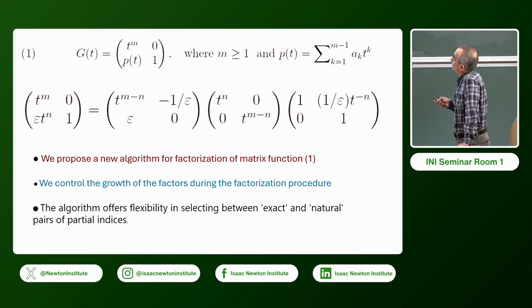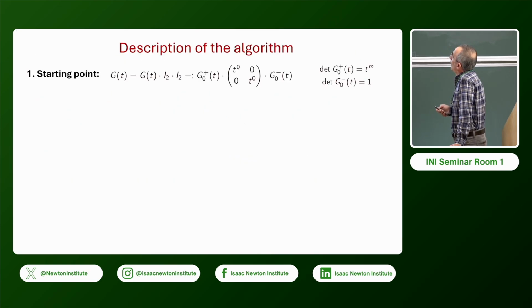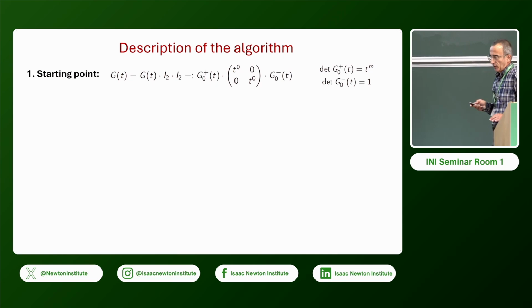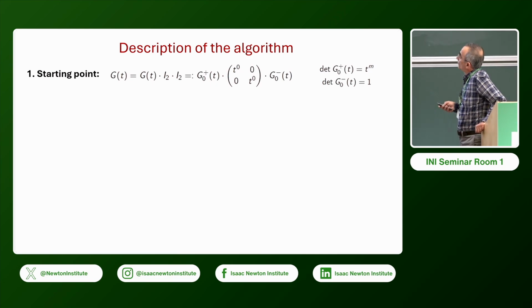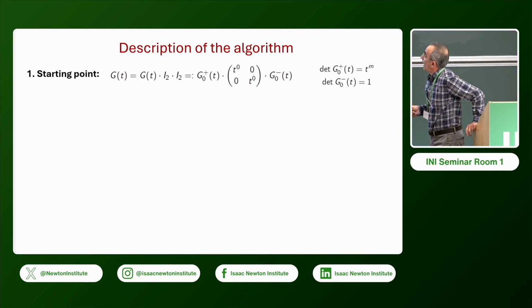Okay, now let's start discussing this algorithm. So in the first step, we just introduce identity matrices, and we call this the first step. So the determinants are t to the power m of this matrix and 1 of this matrix, and this is the identity matrix.